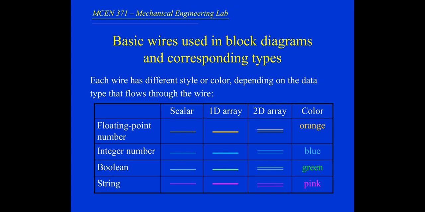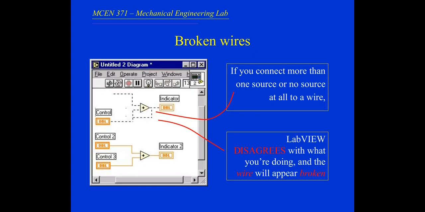And of course, what is good, you have arrays. Array is also in other languages. You will see arrays and strings. An array can be one-dimensional, two-dimensional, and these colors are different: pink, green, blue, orange.